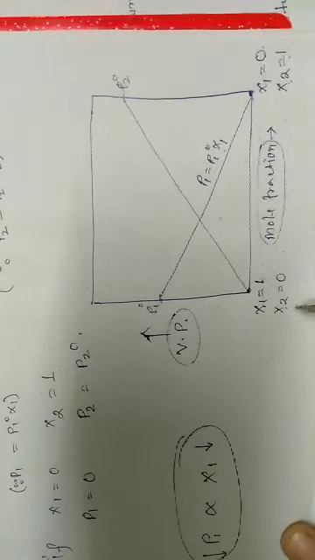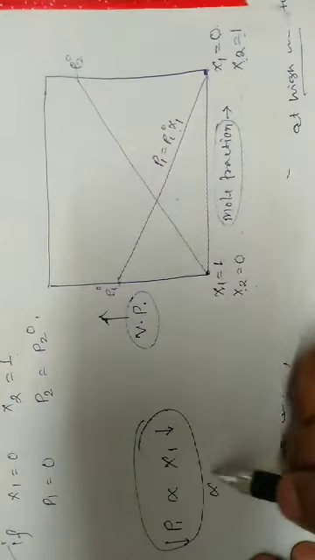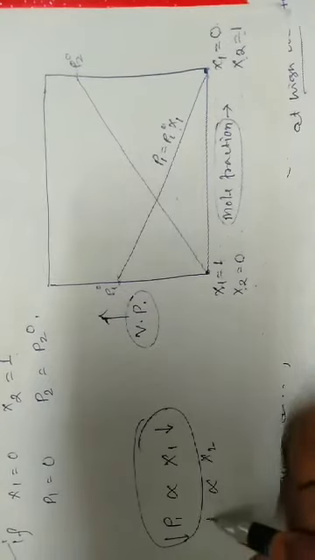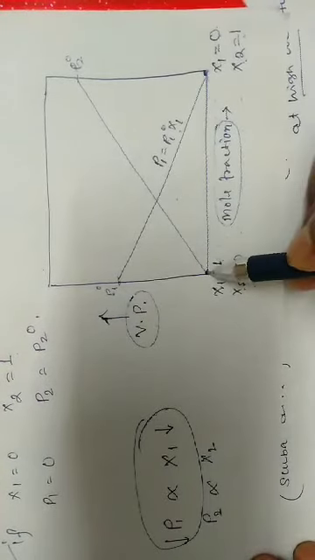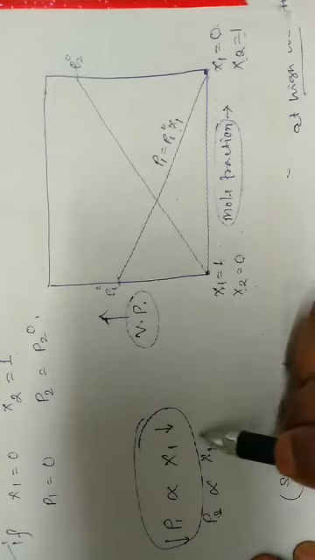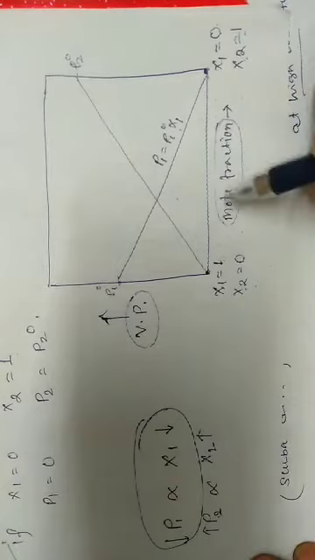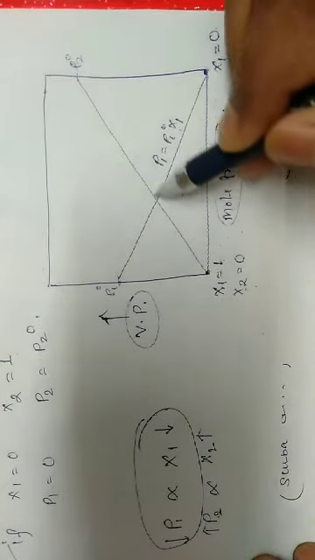And from left to right, X2 increases. When X2 equal to 0, P2 also equal to 0, because X2 is directly proportional to P2. When X2 increases, P2 also increases.